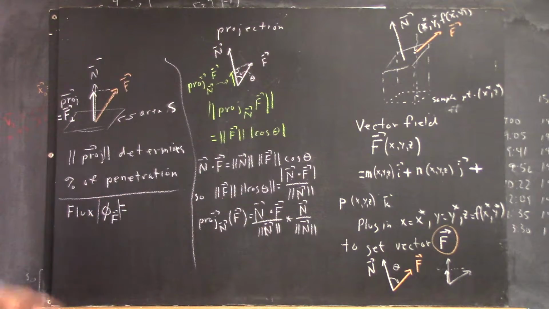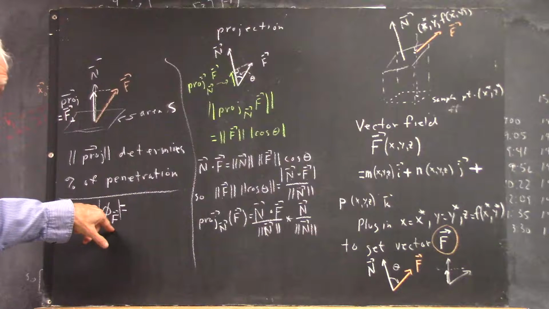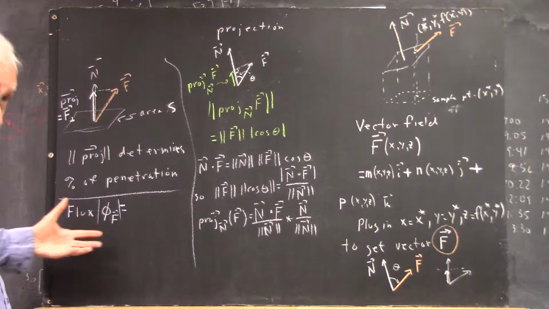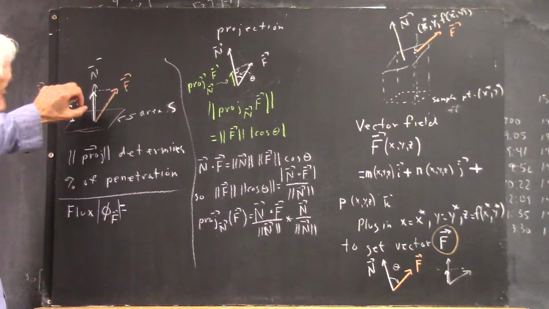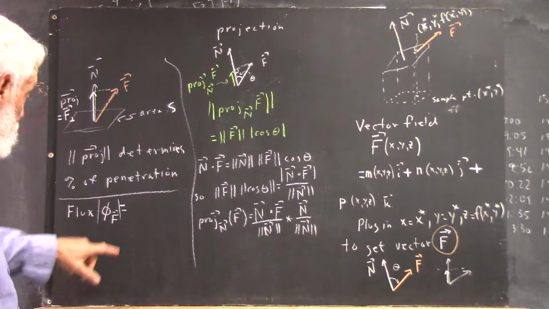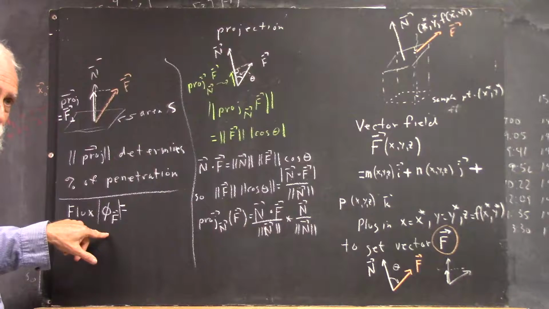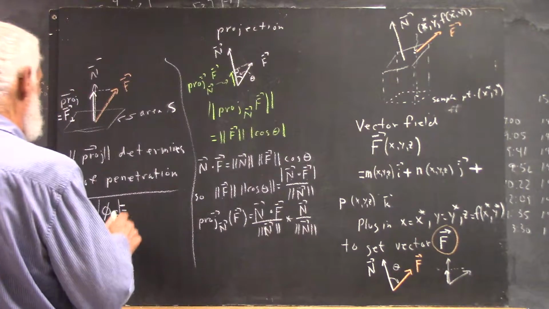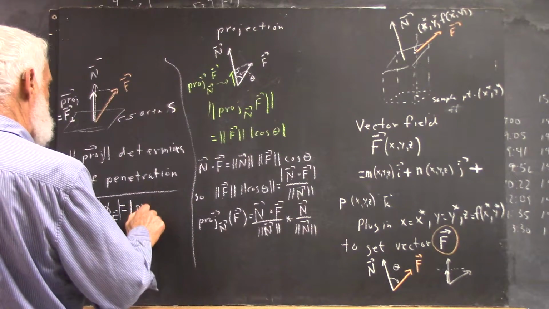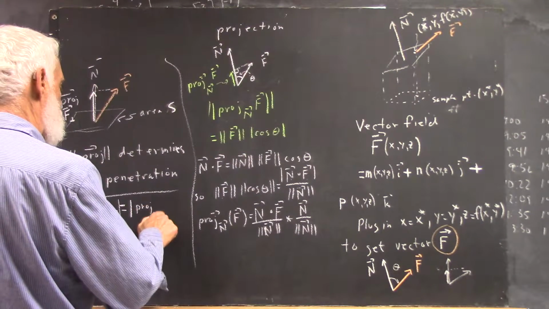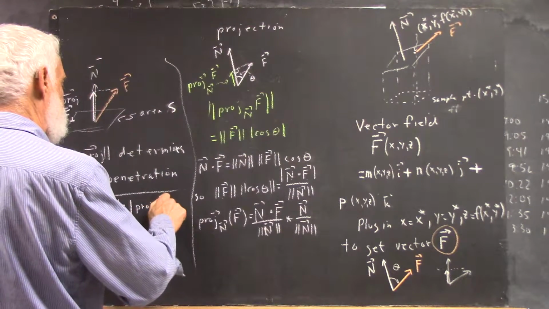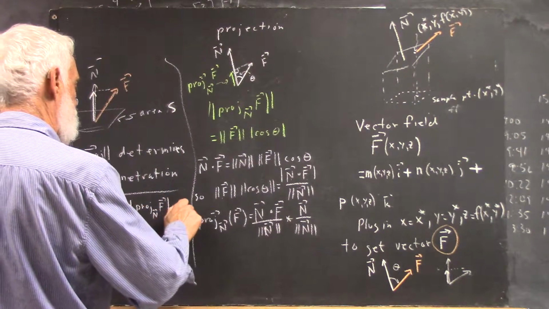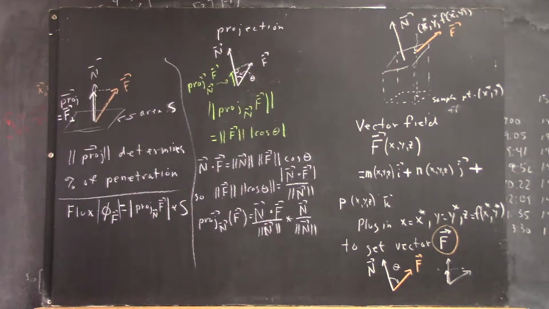And I'm just going to define the magnitude of the flux right now because it gives you the idea. I could define it completely, very easily, in terms of a unit normal vector and stuff. And I'll probably mention it, but right now the concept is pretty simple. So it's simply the magnitude of the projection times the area of the surface.